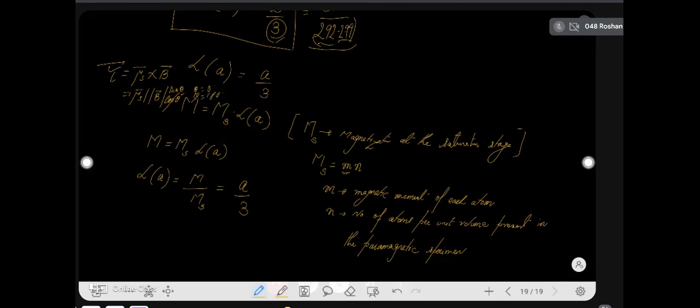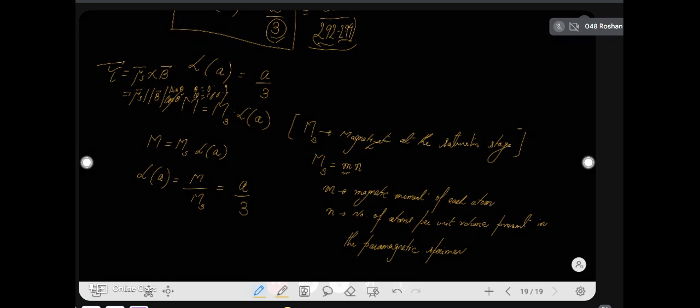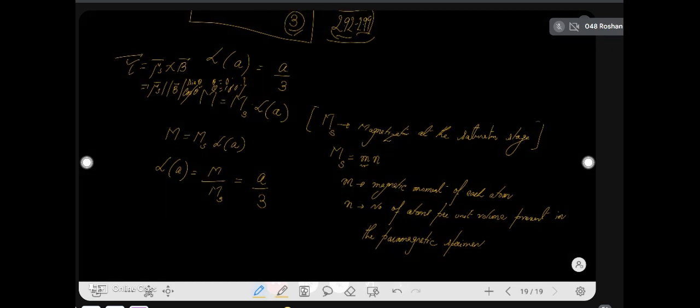In both these circumstances, the torque tau becomes equal to 0. And if the torque tau becomes 0, that means some of the magnetic moments will be independent of the applied external magnetic field B. So they will not get aligned in a specific direction. That means we can never attain the situation of 100% magnetization.